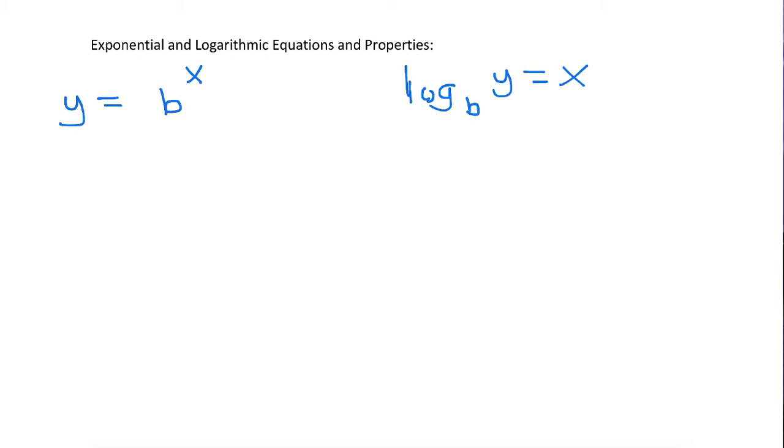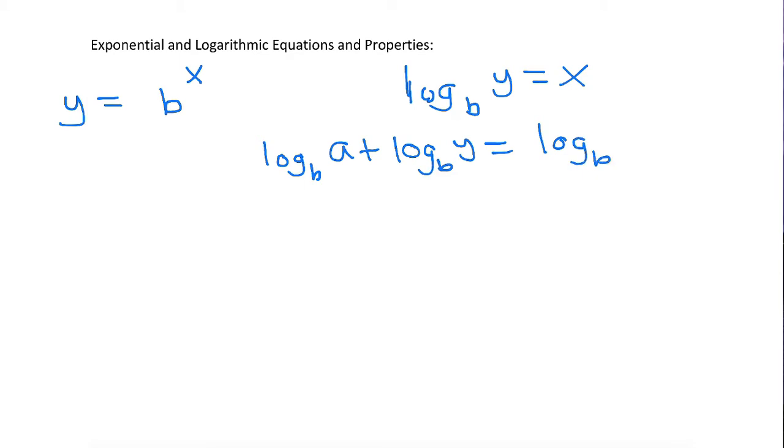with logarithm equations. Different properties exist where if you have log base b of a plus log base b of y, what we can do with that is we can combine those.